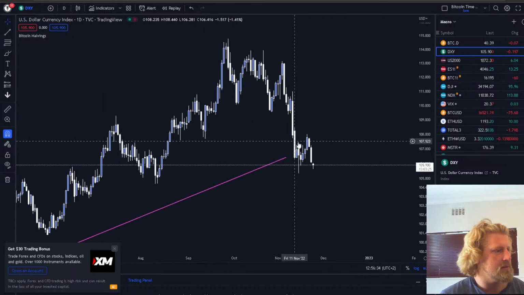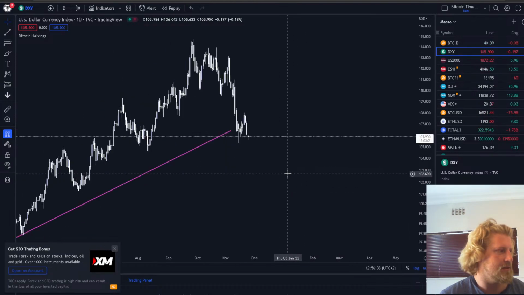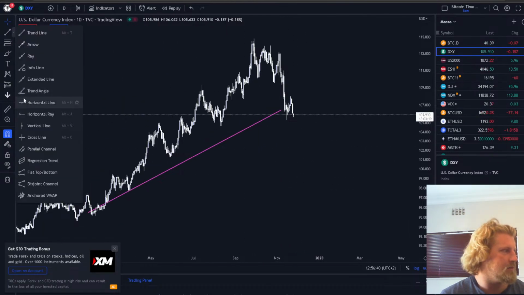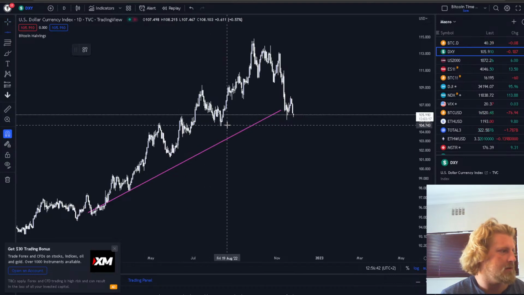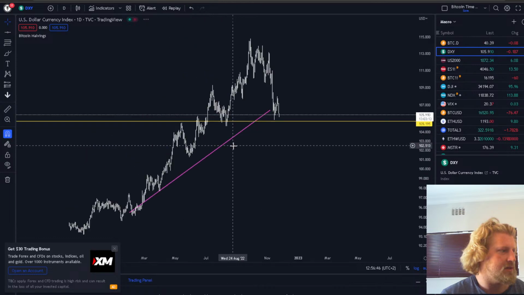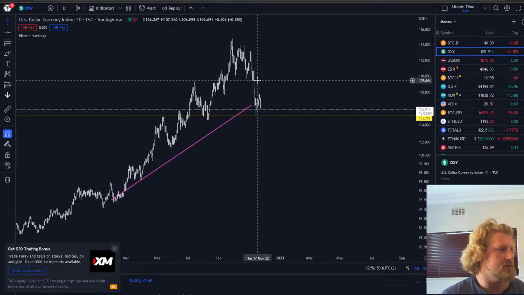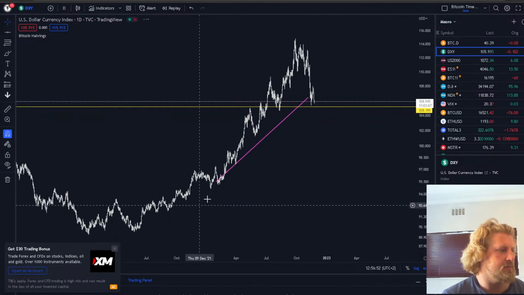So we want the dollar index to continue collapsing, and it is important that we break below these important levels back here, especially 104. Many people are saying that this is just a nice retracement because this massive move has been pretty unsustainable.